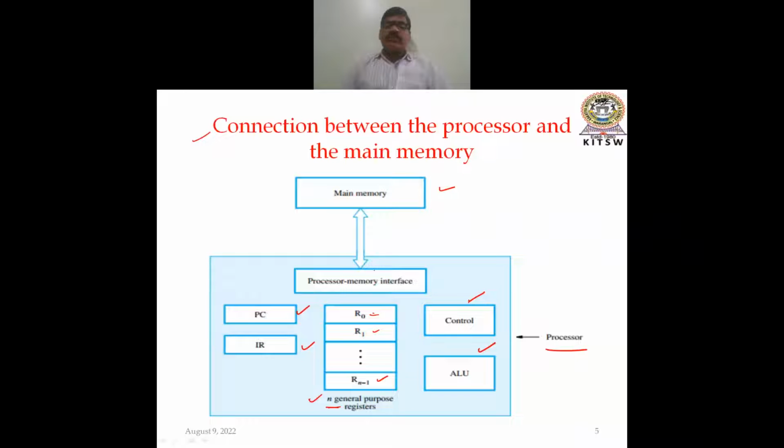The main memory unit and the processor are connected with an interface which we call the processor memory interface. Using this interface, communication between the main memory unit and the processor is performed.